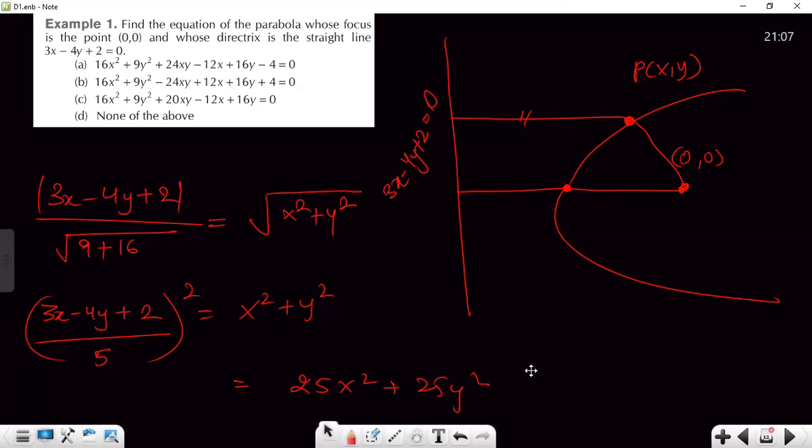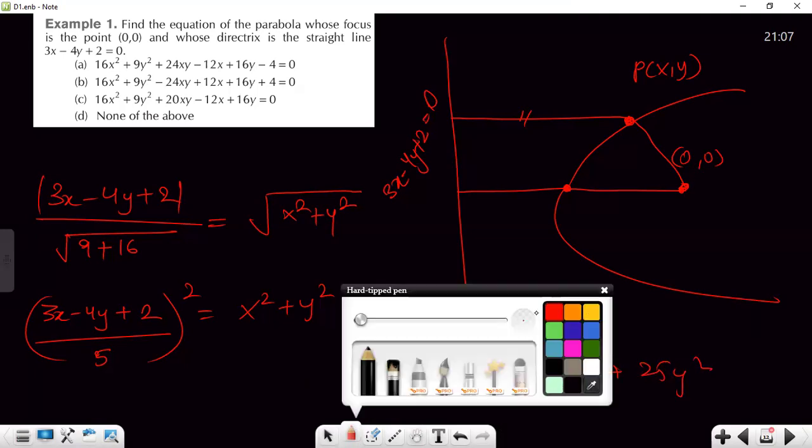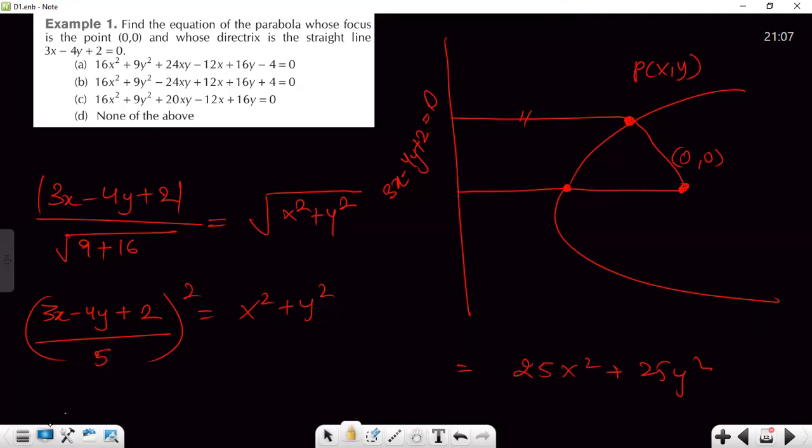And the remaining, its square. So square will open: a plus b plus c whole square is a square plus b square plus c square plus 2ab plus 2bc plus 2ca. So 3x square is 9x square, 16y square, plus 4, plus 2ab.